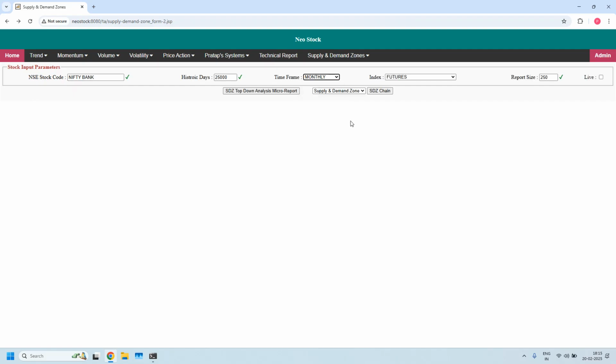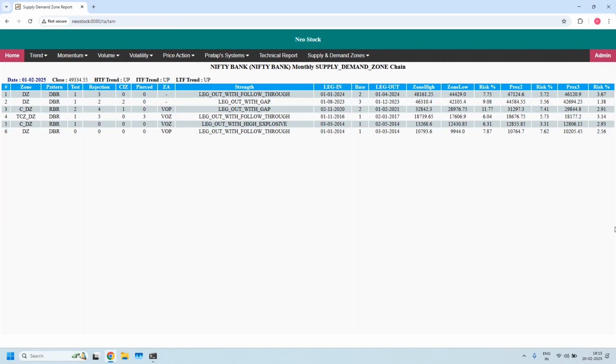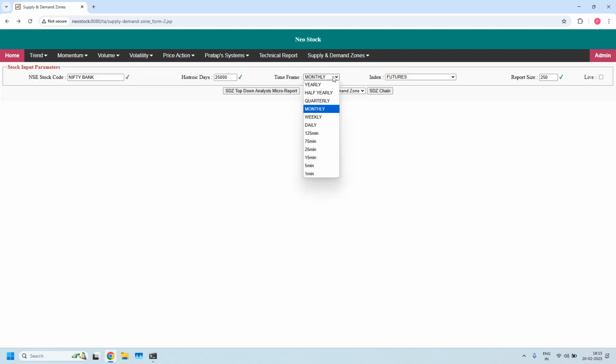So generating the monthly supply demand zone chain for Bank Nifty. Next, weekly supply demand zone chain for Bank Nifty.